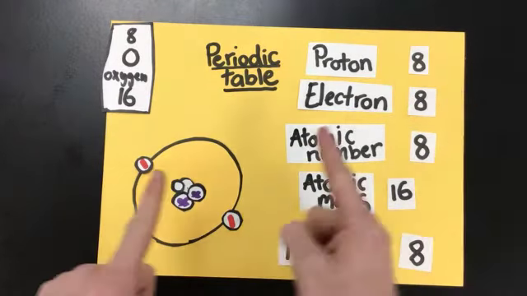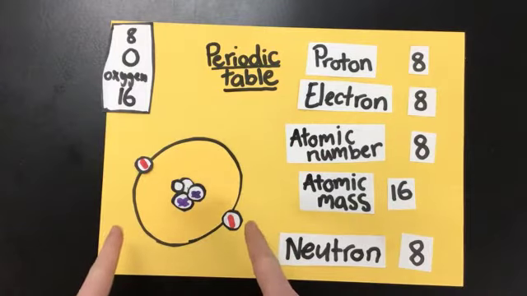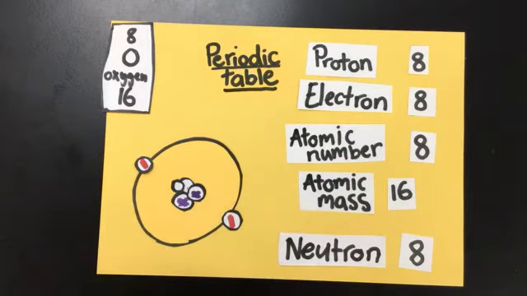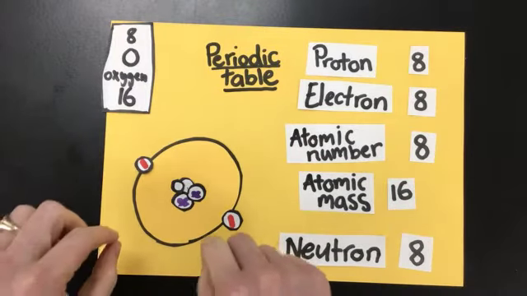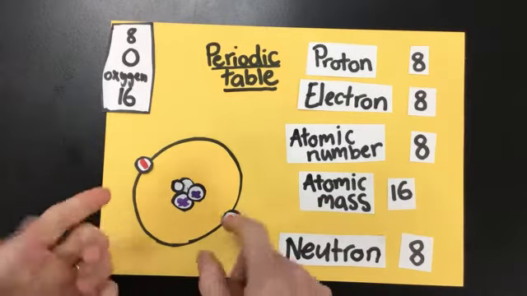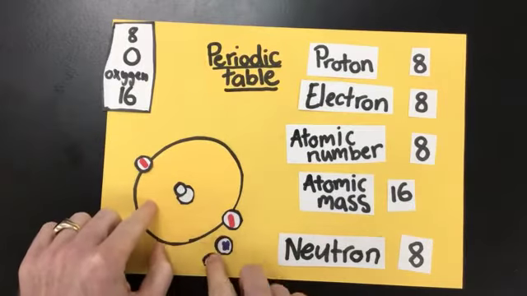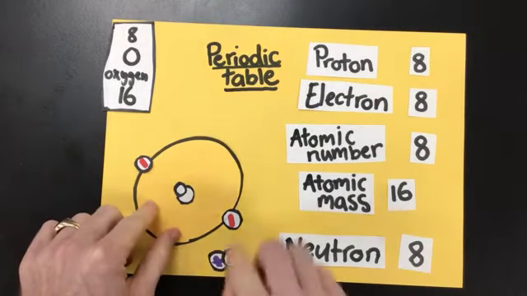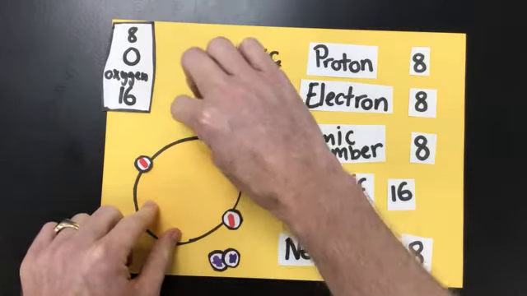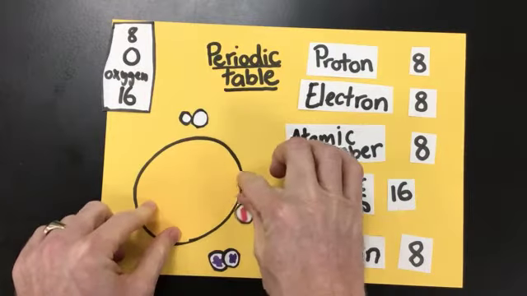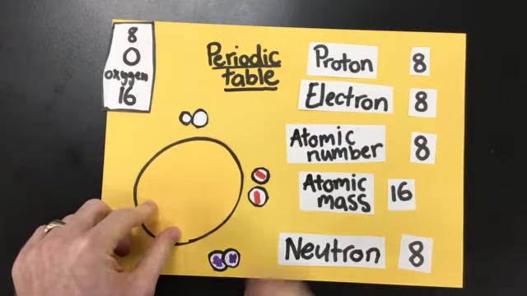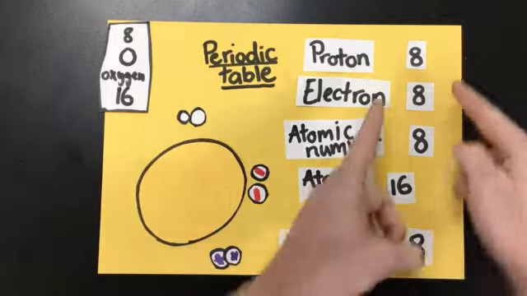That is a bit of an issue for this diagram though. Because if we were to count like we could have done with the helium atom, we would have found out that this just doesn't work, because in this diagram, we've only got 2 protons, 2 neutrons, and 2 electrons. This is not nearly enough for these numbers.